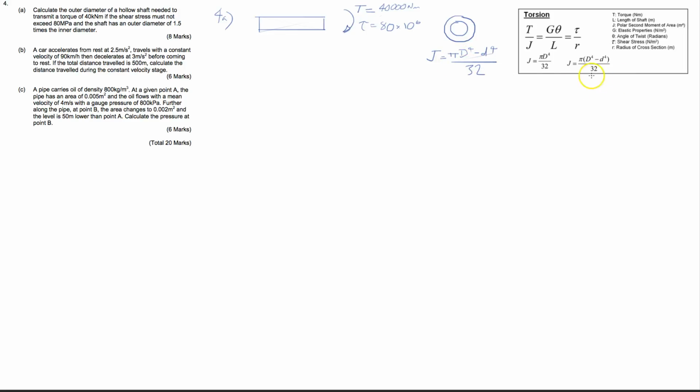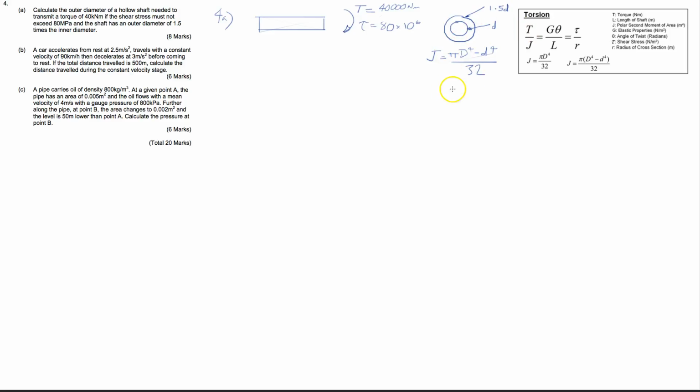So that's interesting. The shaft has an outer diameter 1.5 times the inner diameter. So if this is little d, then this is 1.5 times that size.